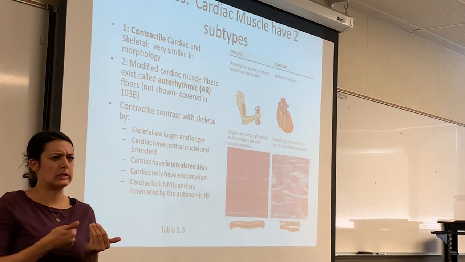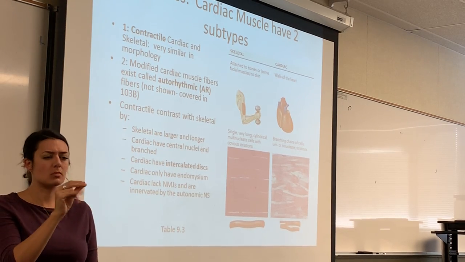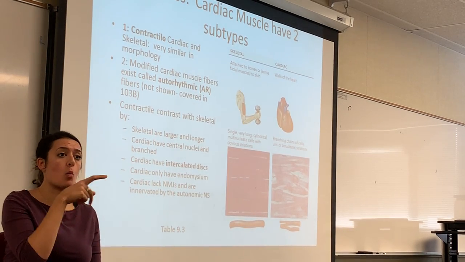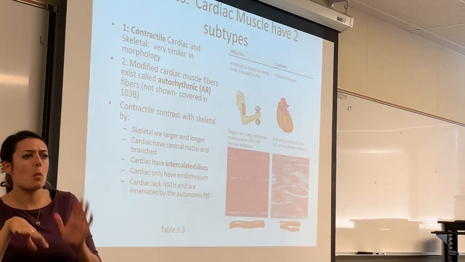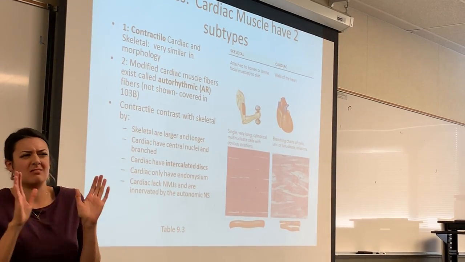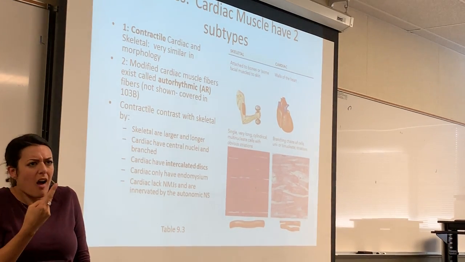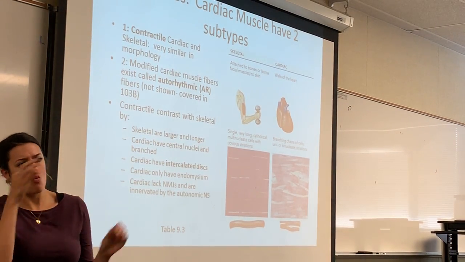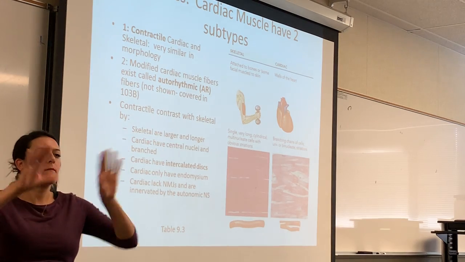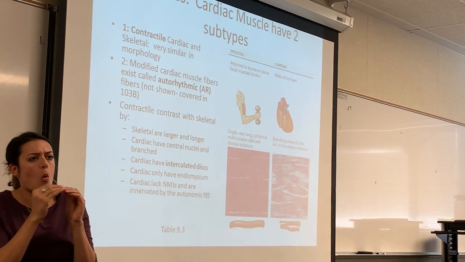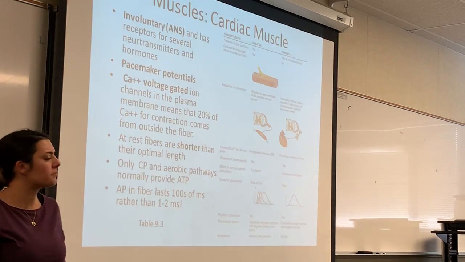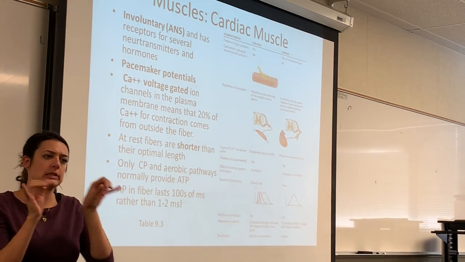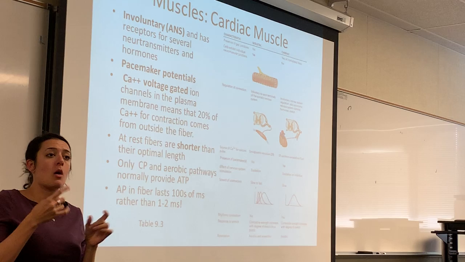Like many people said, osteoprogenitor cells and osteoblasts are both found in the bone. Well, big surprise, right? That's not an acceptable similarity. I will not give you any credit for that if you put that down. So don't give me really obvious similarities. Think a little harder. They're both involuntary. That's another similarity.